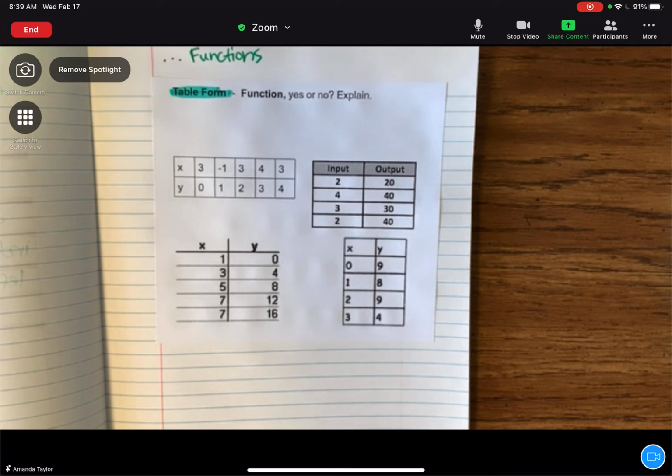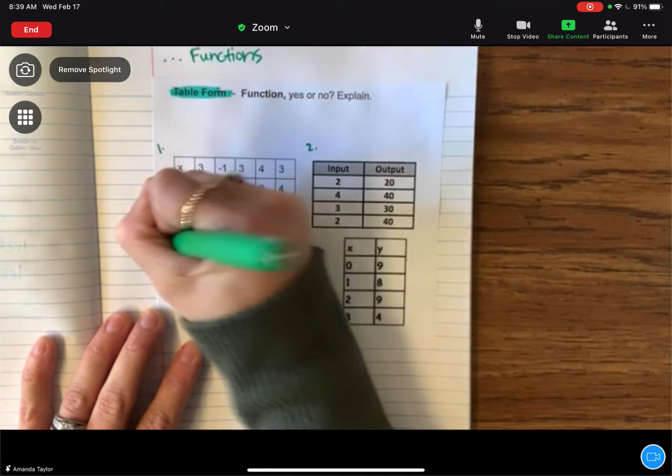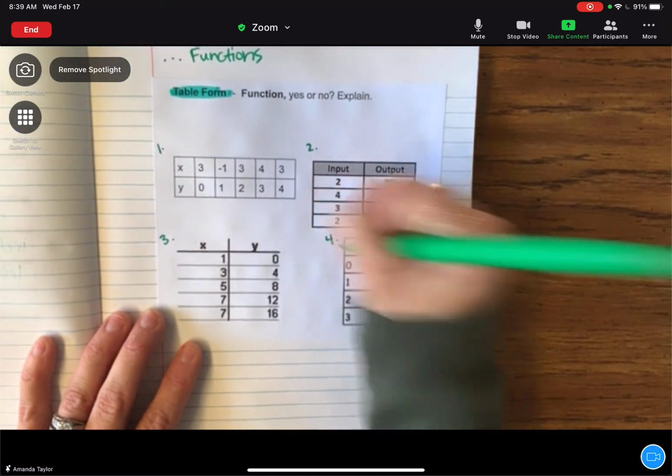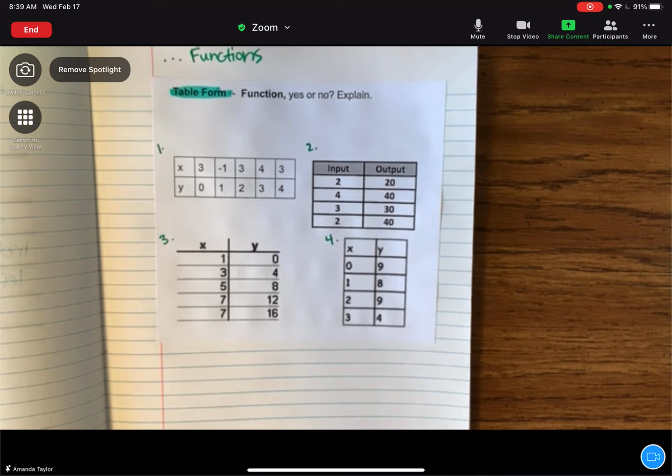I'm going to give you 1 minute. In 1 minute, see if you can figure out which one of these is the function. What looks different? Find the one that looks different.